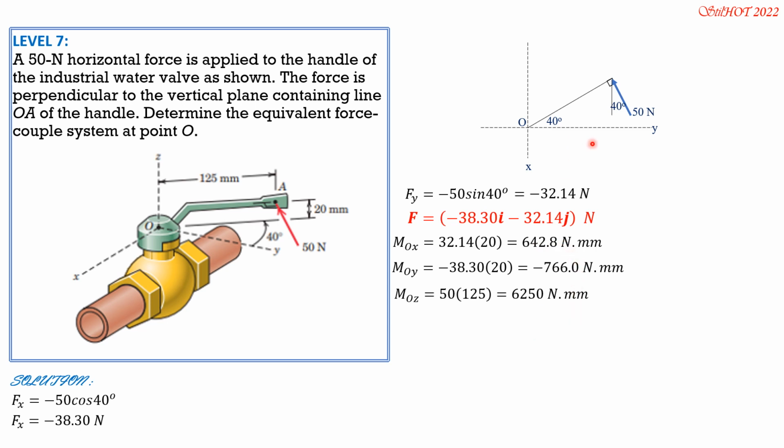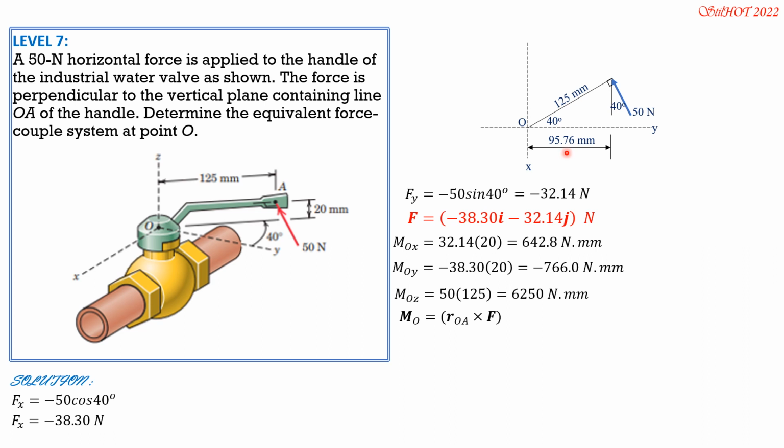Let's solve it by vector approach. So MO is supposedly ROA cross the force. Where OA is, we have to move backward by the distance in the figure. So this is 125. So this horizontal distance along Y is 125 cosine 40.